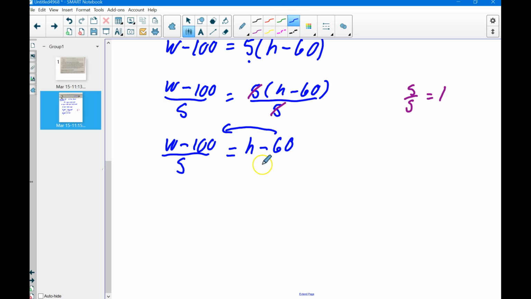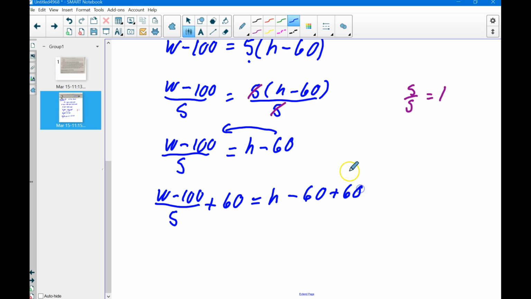So this time I'm going to be adding 60, so I have W minus 100. I can't put the 60 there because there's no denominator, but I can add the 60 here, and that's equal to H minus 60 plus 60. And you see that these 60s go away.